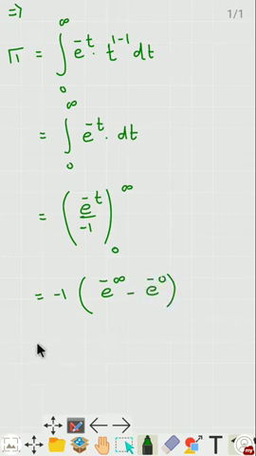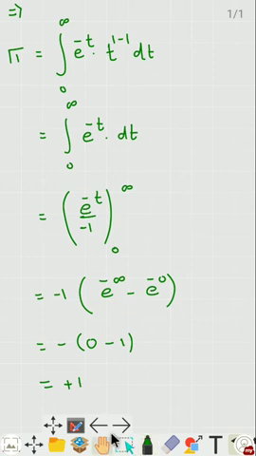The value of e raised to the power minus infinity is 0, and the value of e raised to the power minus 0 is 1, so finally we have plus 1.